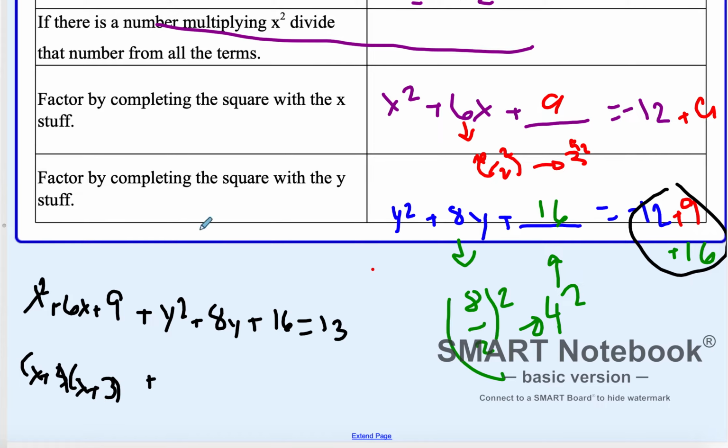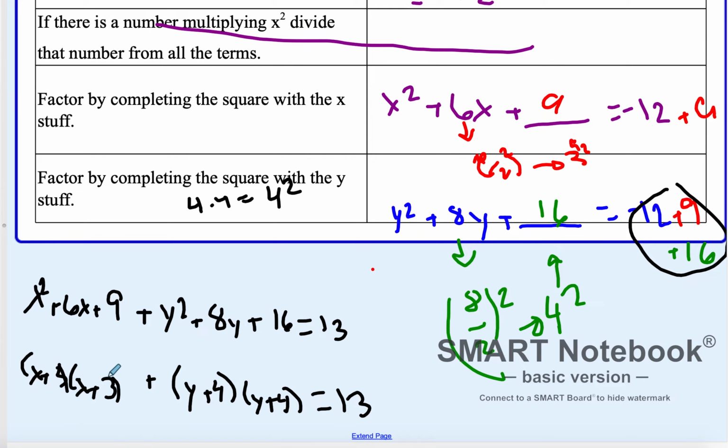And then we're going to do the same thing for the y's. What multiplies to 16 and adds to 8? Well, positive 4 and positive 4. Now, if you notice, those are the same terms. If I asked how you would rewrite 4 times 4, you would say that's equal to 4 squared. It's the same deal here.